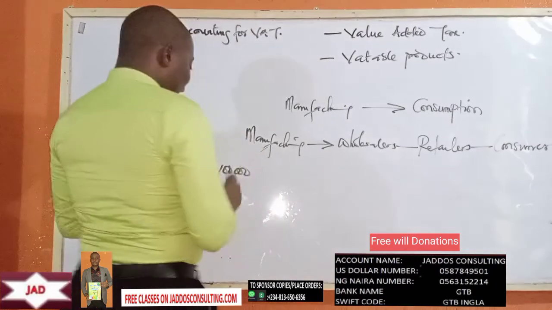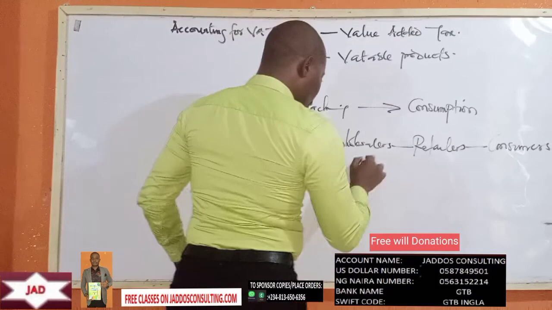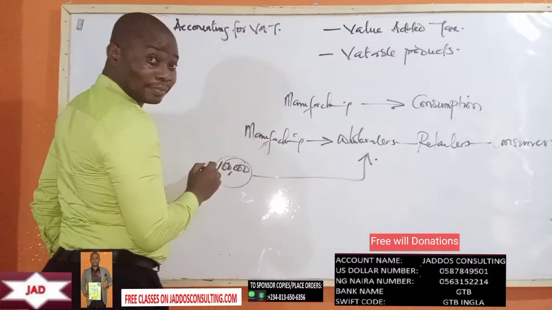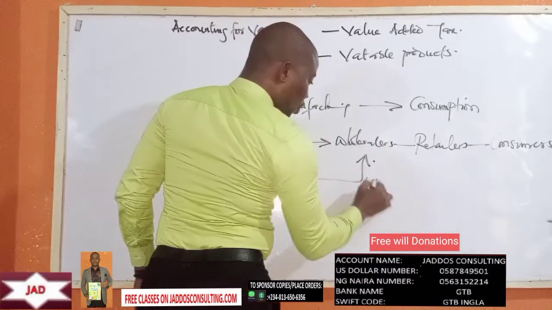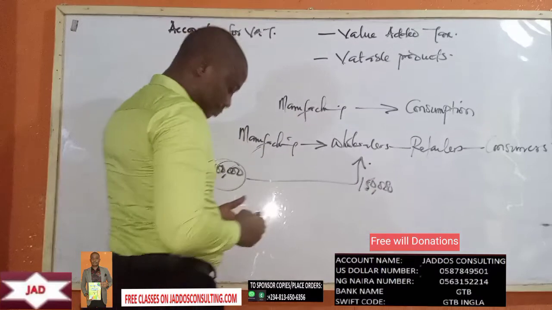So in doing that, he gets a final product. He now sells to the wholesaler at a cost higher than this. Let's say he sold it for 150,000 to the wholesaler.